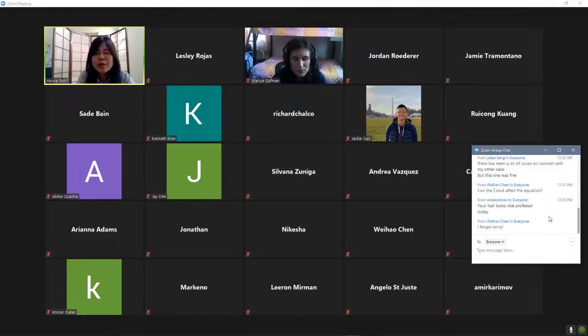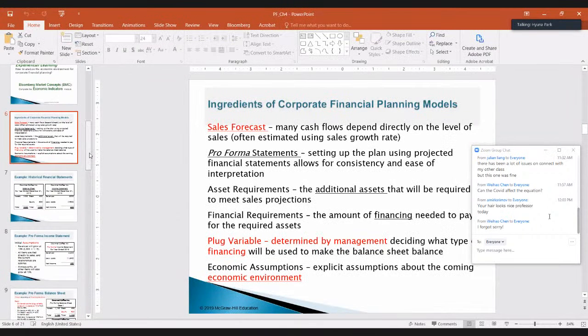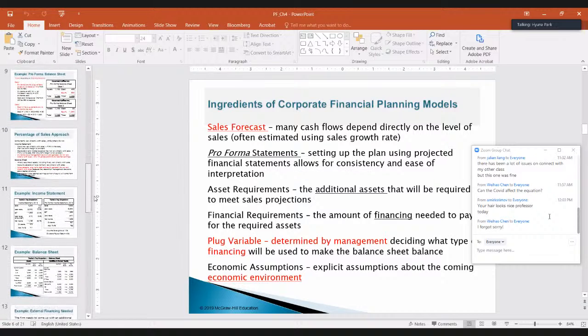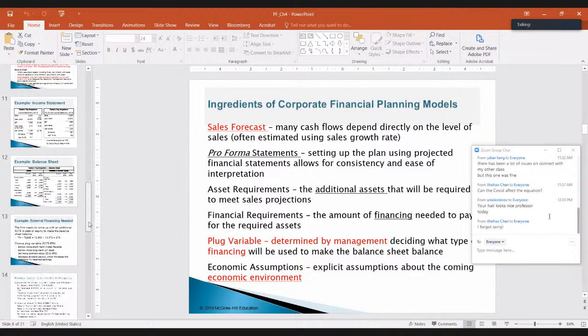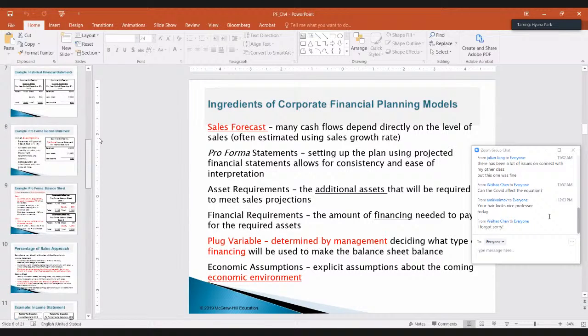All right, any other questions? If you don't have any other questions, let's go back to the chapter 4 slides. What's remaining in this chapter is using numerical examples to analyze a financial planning example.